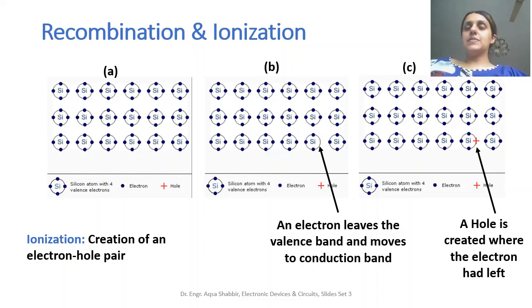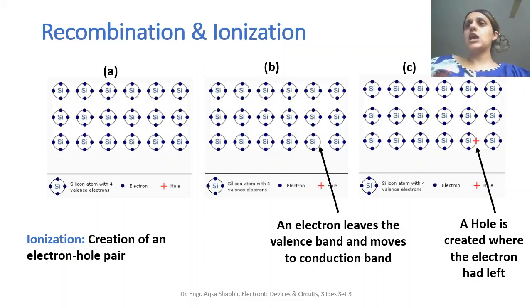The figure in the middle shows that an electron leaves its place inside the valence shell and moves to the conduction band. What happens is that a valence electron, due to, let's say, thermal excitation, leaves its place inside the valence band and moves out to the conduction band.